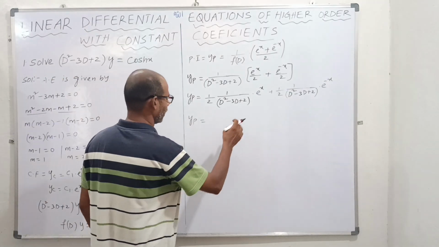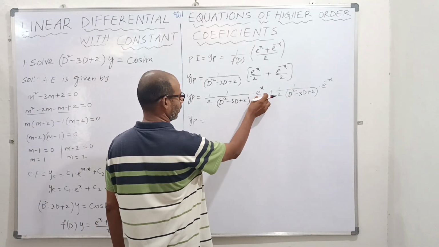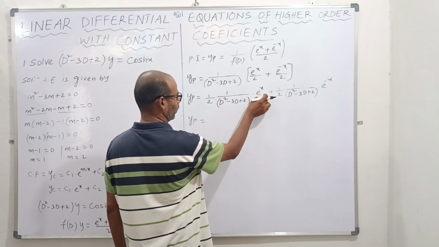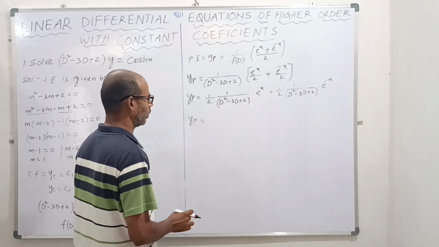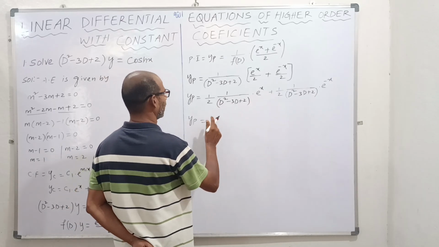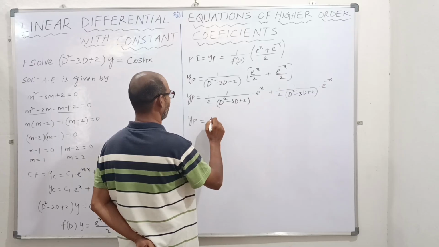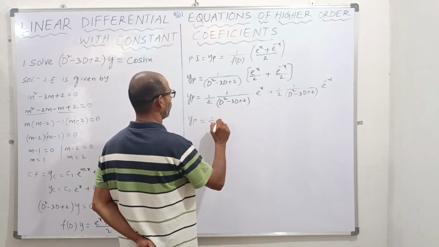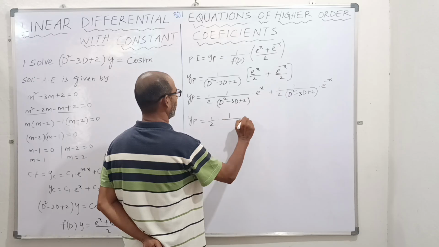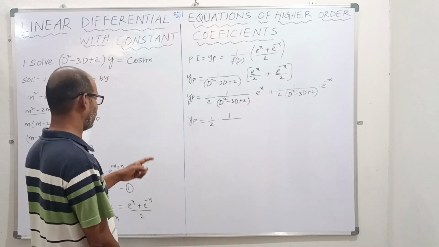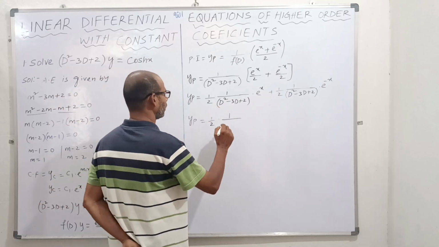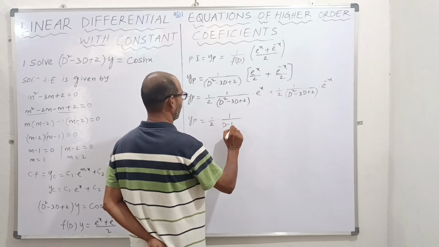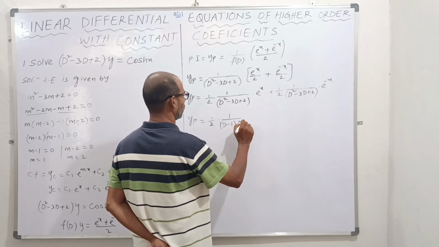Now in this case, e power ax, so a is 1 here. We can write this denominator in terms of factors so that it is easy to understand whether the denominator is becoming 0 or not. So D square minus 3D plus 2 can be written as D minus 1 into D minus 2, right?